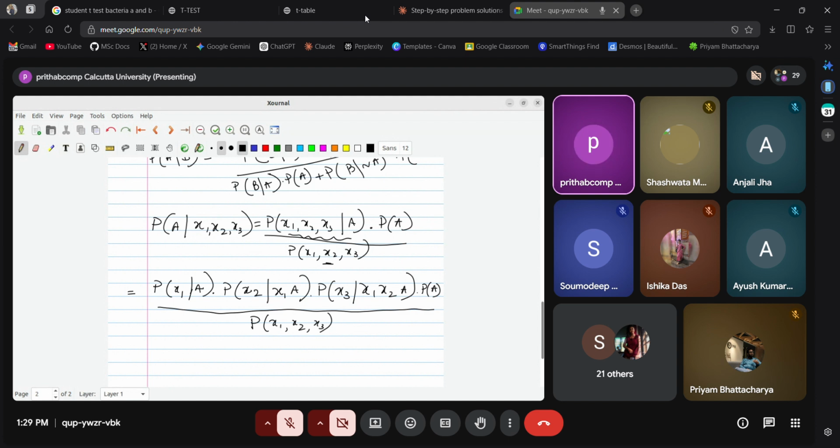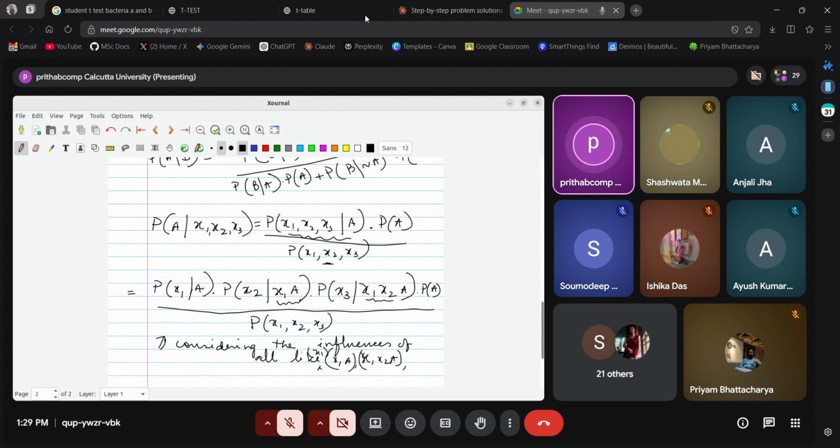Now comes what is called naive Bayes. You see here we are considering the influence of x1 and A. Here we are considering the influence of x1, x2, A. So over here we are considering the influences of all, like x1 A, then x1, x2 and A, and so on, right?